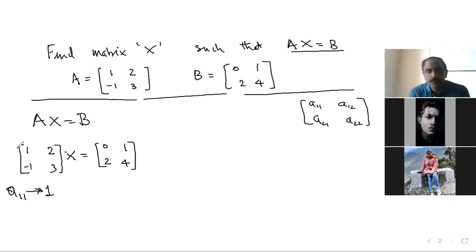Otherwise, we may have to arrange it. Then you have to make A21 0. Then after that, next step is A22 to be made 1. And your fourth step is A12 to be made 0.